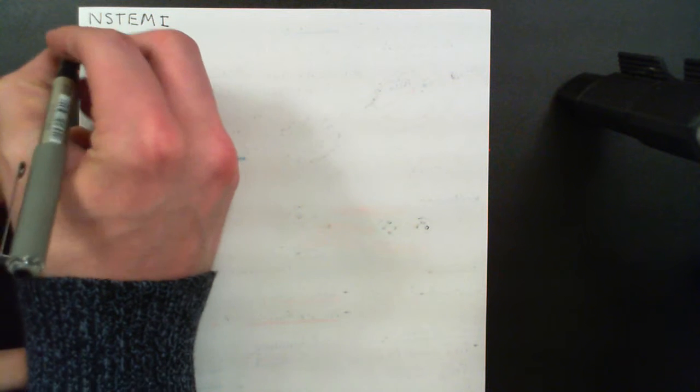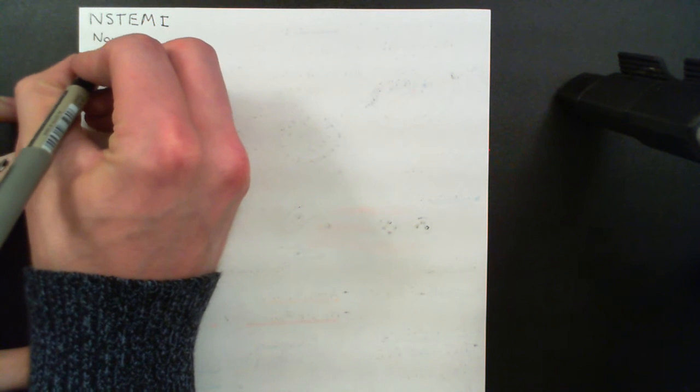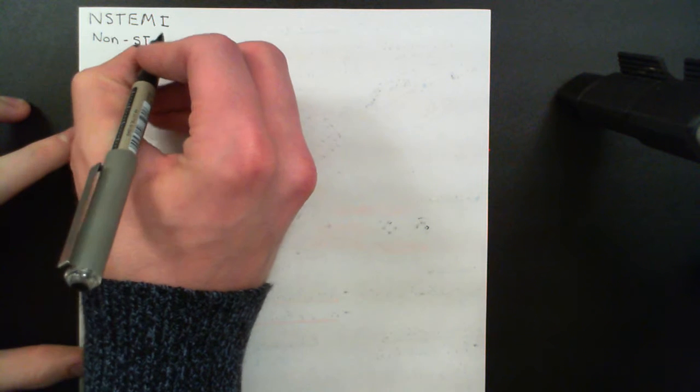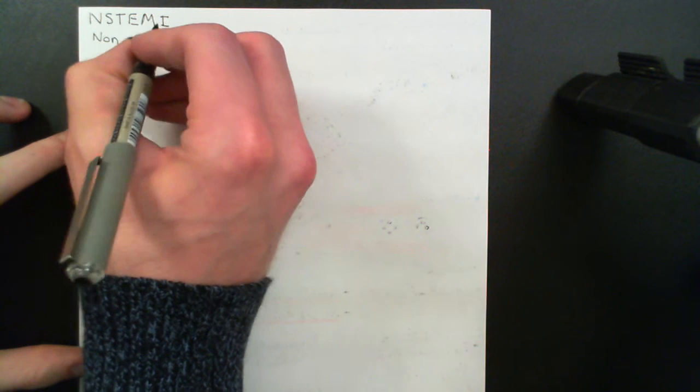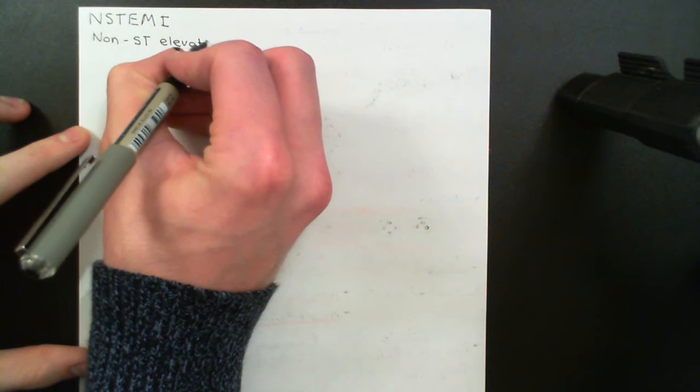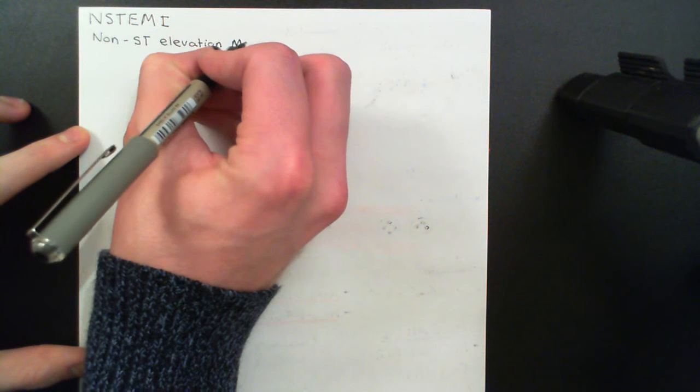So N is for, I'll write this out in full, non, then the ST is just for ST, and then it's non-ST elevation, so the E is for elevation, and of course the MI is for myocardial infarction.